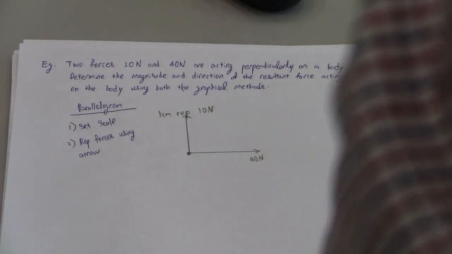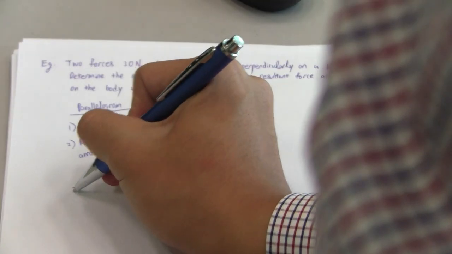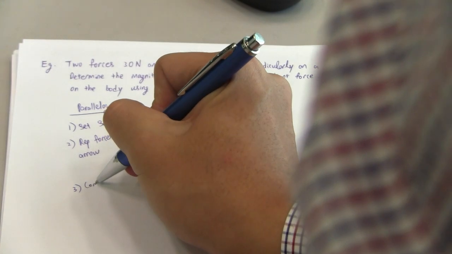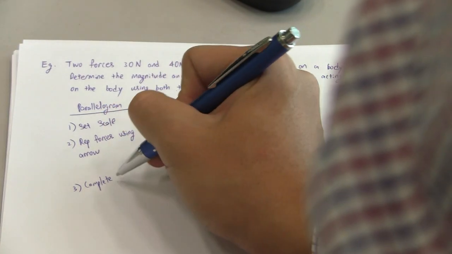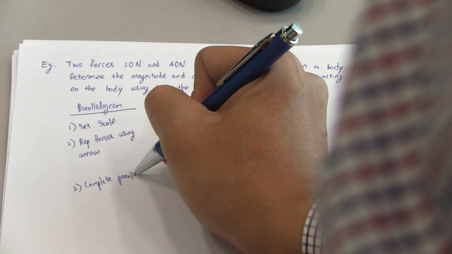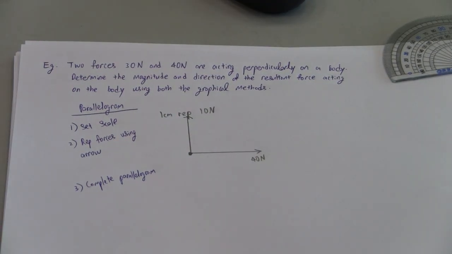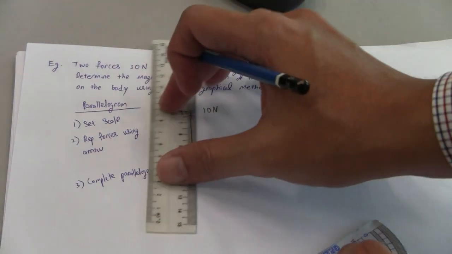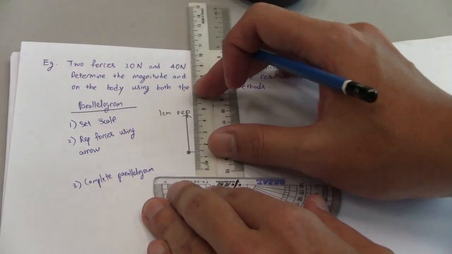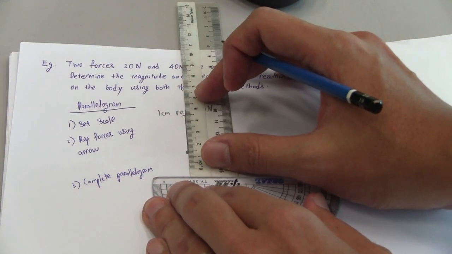Step 3, we'll have to complete the parallelogram. All you have to do is to draw parallel lines using these two, this line, to draw a parallelogram here. But because this is a rectangle, it should be easy.